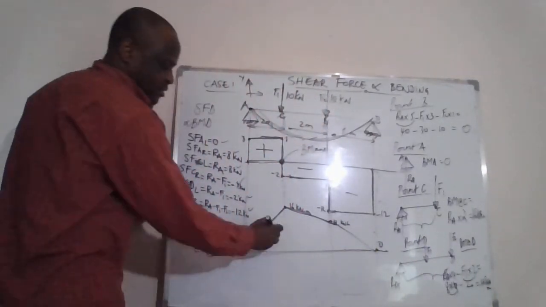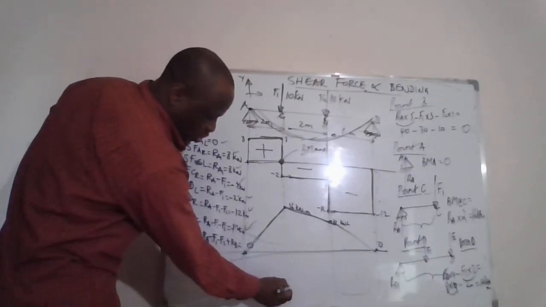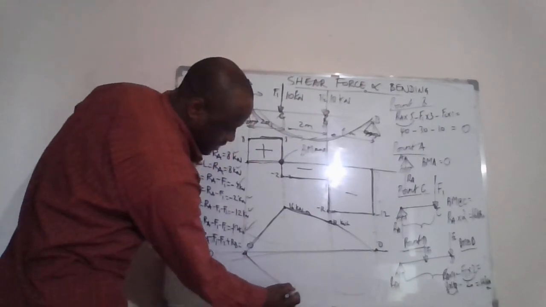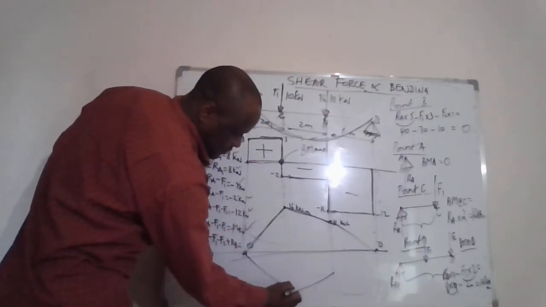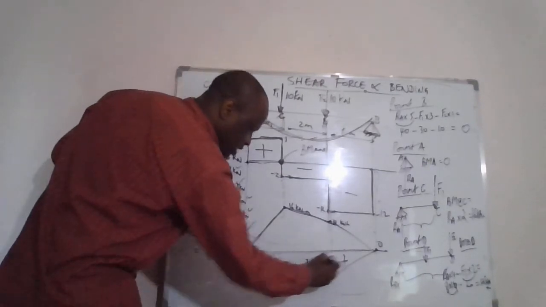Or else, if I take my positive as below the 0 line, it will be something like this. Then in that case, I will have to put the sign.